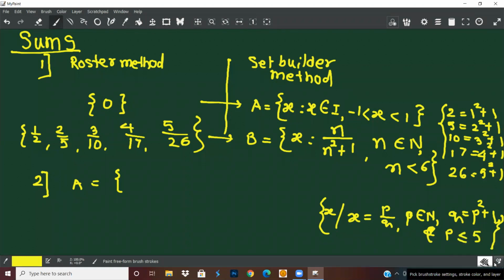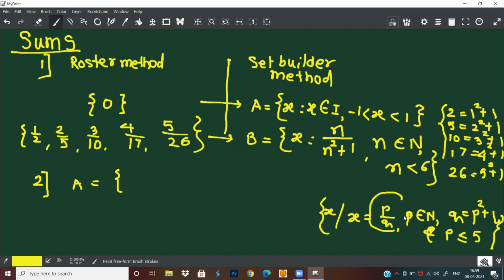X by X, what is that? I wrote everything here, beta.